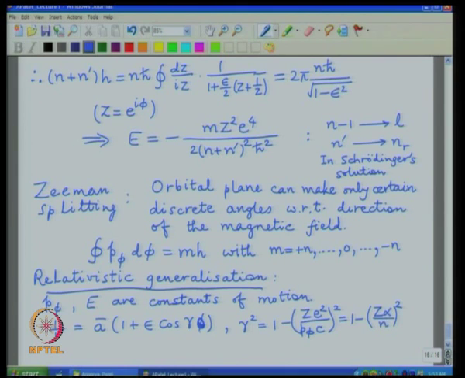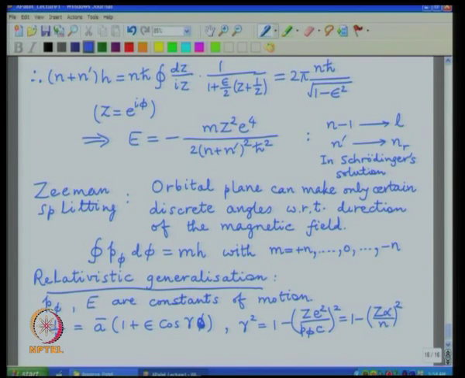This is an equation which describes not an elliptical orbit, but an orbit which precesses as it goes around the nucleus, and the precession is due to the fact that this constant gamma is not equal to 1.